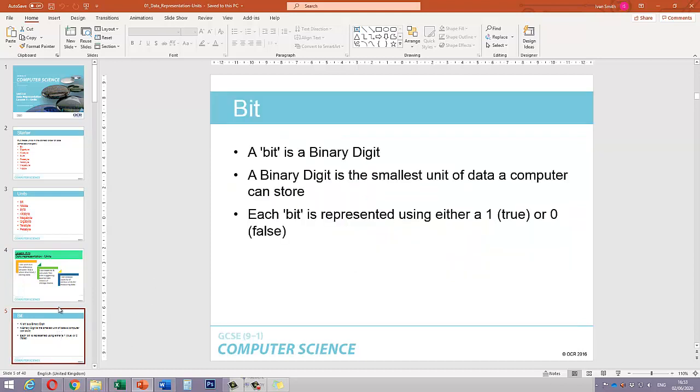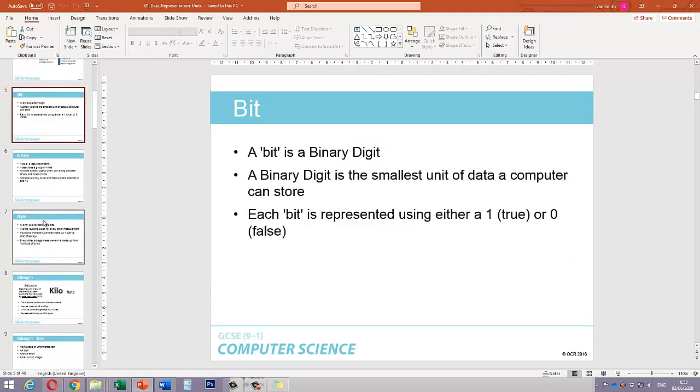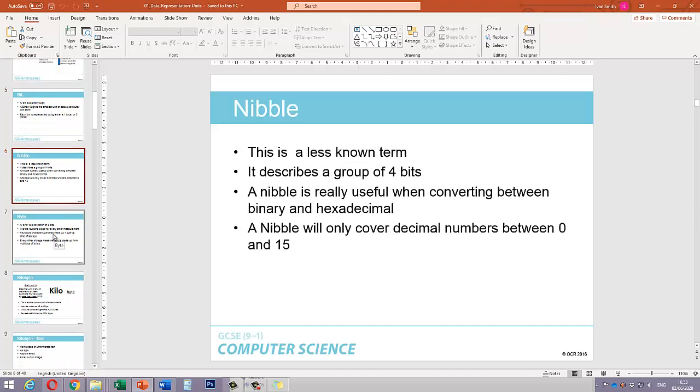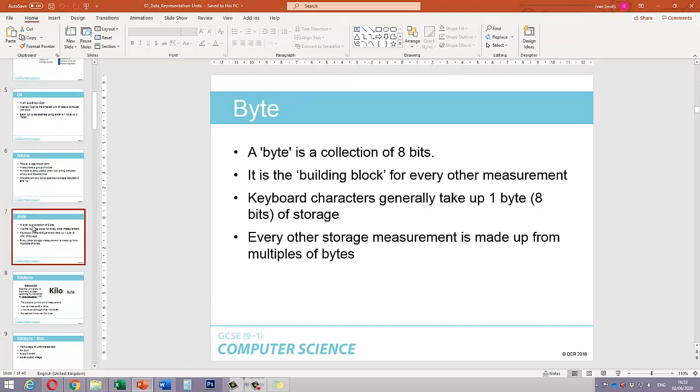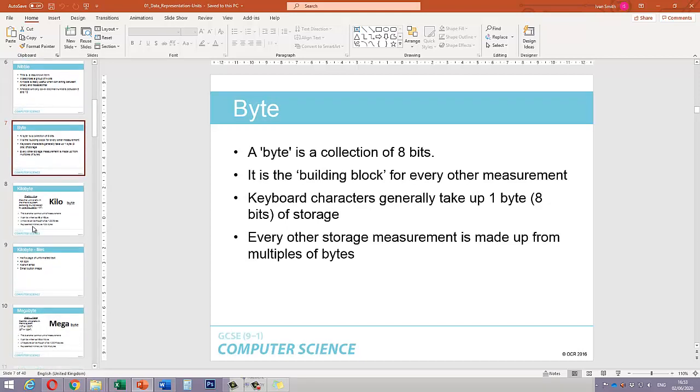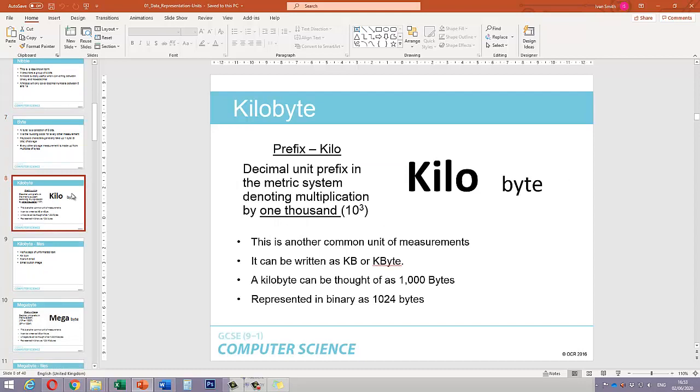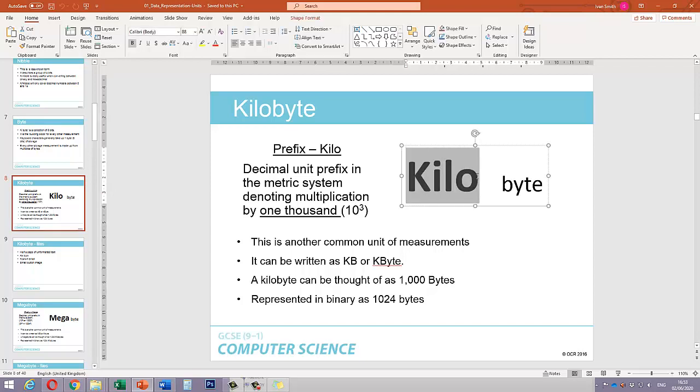I'm going to allow you to go through these slides. It gives you the basics of them. I'm only going up to byte because I want you to do some internet research into those. Now, I'm going to go through the kilobyte. The word kilo is what we call a prefix, and it's part of the decimal metric system.